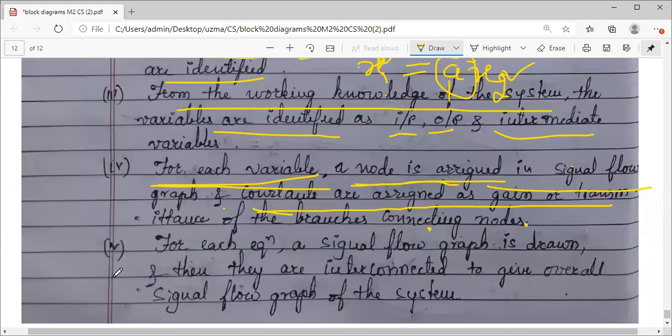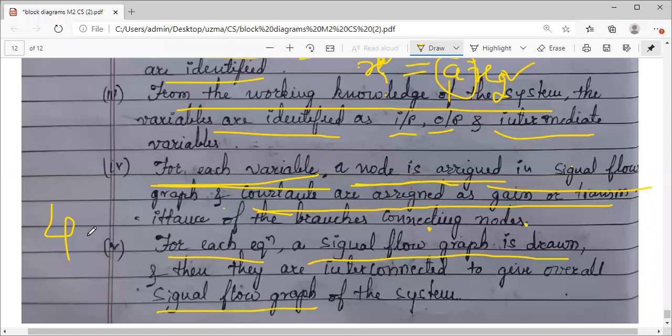And if some 3 or 4 equations are given to you in the question, assume you have got 4 equations. For each equation, one signal flow graph is drawn. So if you have 4 equations, you will come across 4 smaller signal flow graphs. So what will the overall signal flow graph be?